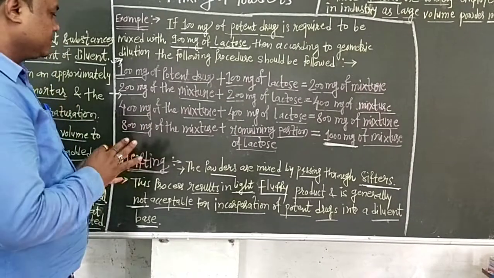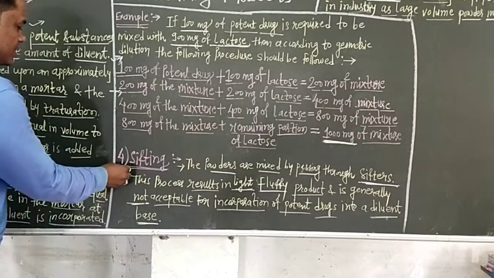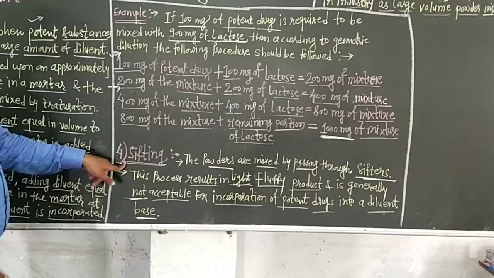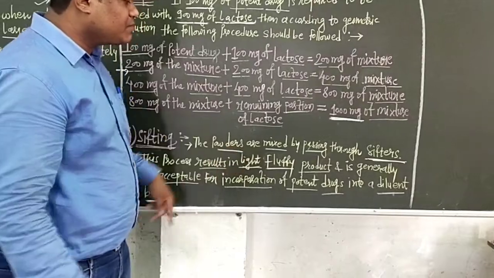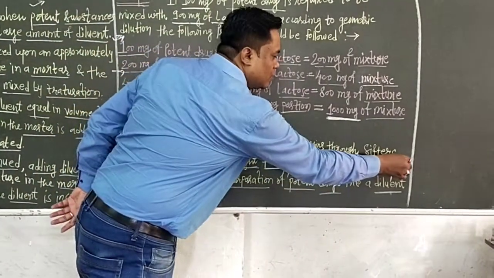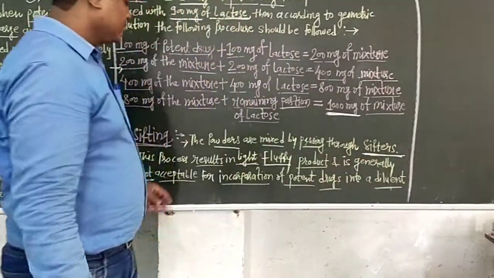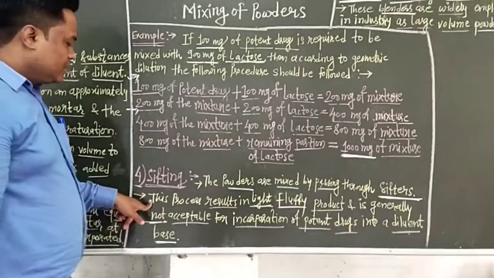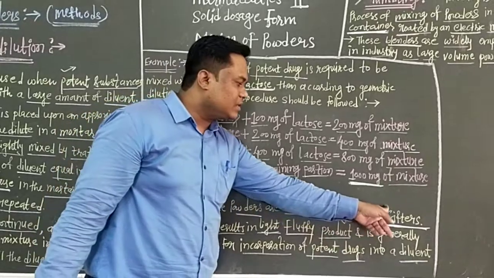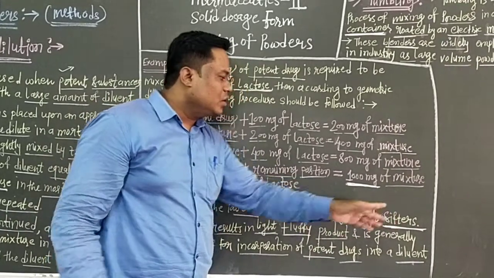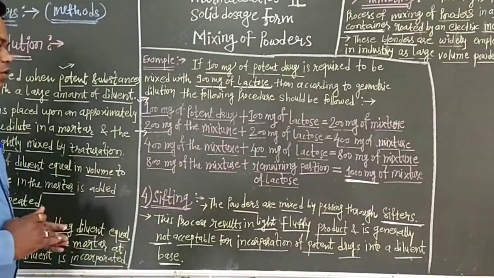Then the next method is sifting. Sifting means the powders are mixed by passing them through an apparatus called a sifter. This process results in a light fluffy product because the sifter contains coarse to very fine powders.